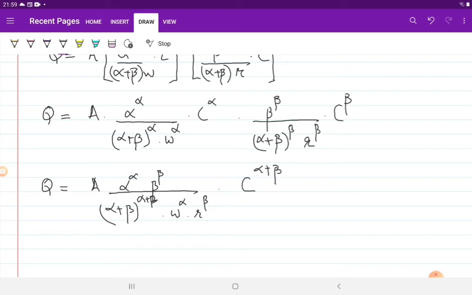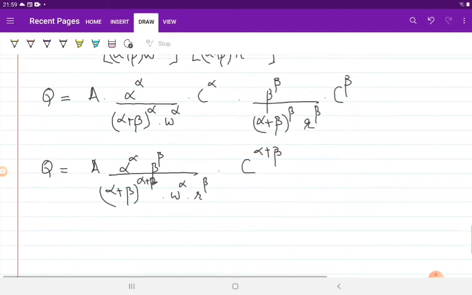Now remember, our intention is to express C as a function of Q.